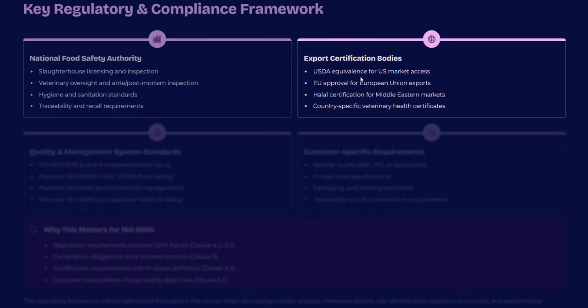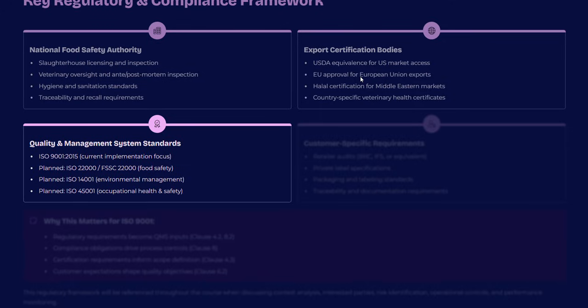approval for European Union exports, halal certification for Middle Eastern markets, and then we have country-specific veterinary health certifications. If we look at quality management system standards, ISO 9001, currently we are implementing, and then planned, we have ISO 22000, ISO 14001, and ISO 45001.